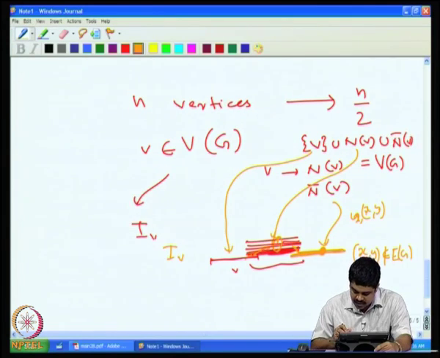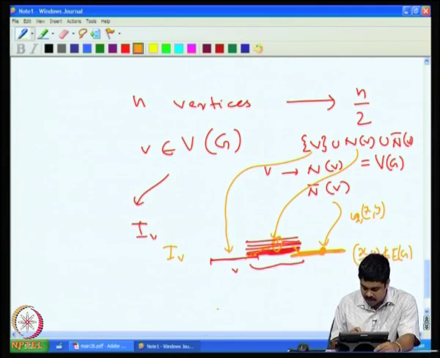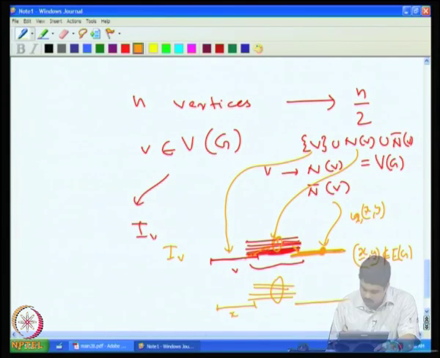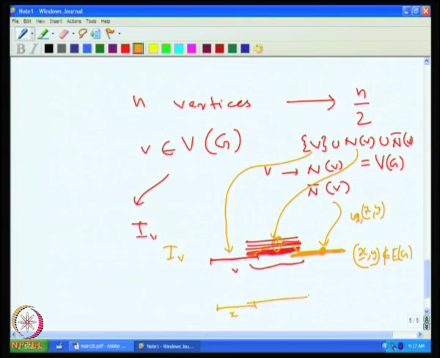So, let us say for x and y, corresponding to x, I have constructed a graph, like this. Now, where is y here? Y cannot be in this group, because y is in n bar of x, because it is not a neighbor of x. So, y should be in n bar of x.